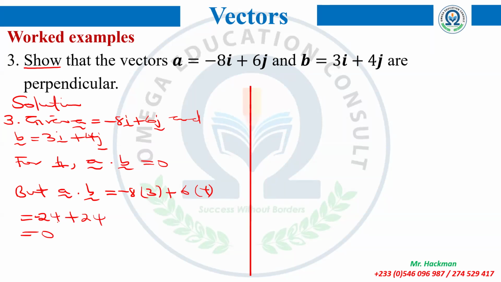So once the dot product gives you 0, I will draw my conclusion. Therefore, vector A is perpendicular to vector B, as required. Usually you attach "as required" because you were asked to show. Underlining the word show tells you that you need to attach this to your conclusion. Someone can write, therefore, A and B are perpendicular, but you need to attach "as required" because you were asked to show. Is my point well made?